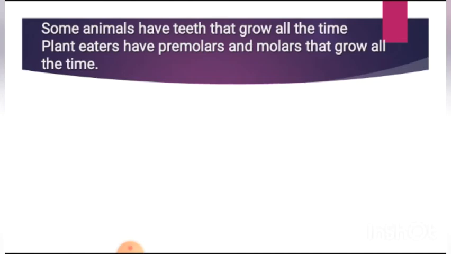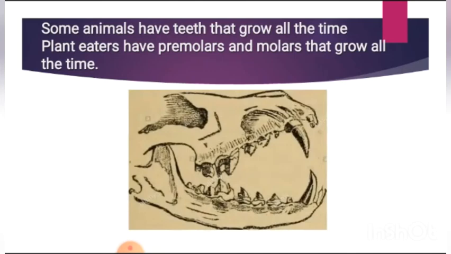Some animals have teeth that grow all the time. They are not talking about human beings, they are talking about some animals, because our teeth stop growing when we are adult. But some animals have teeth that grow all the time.